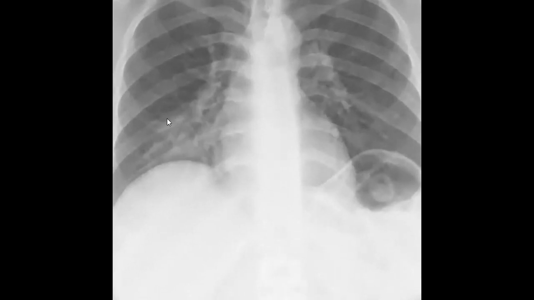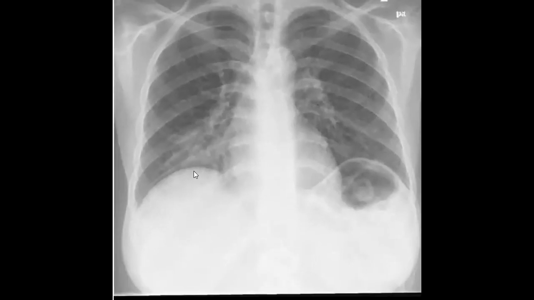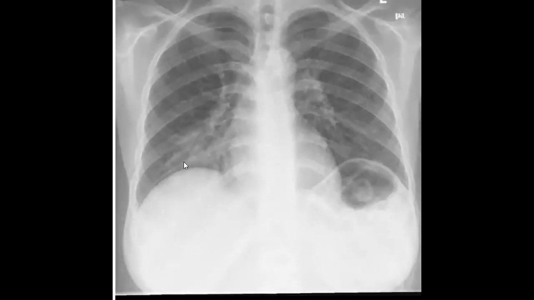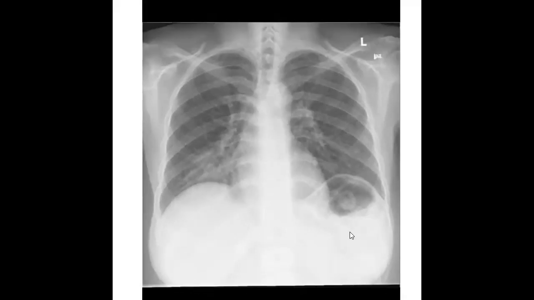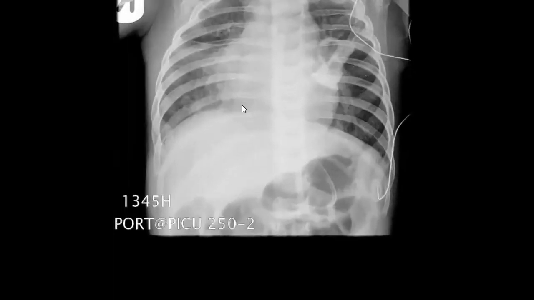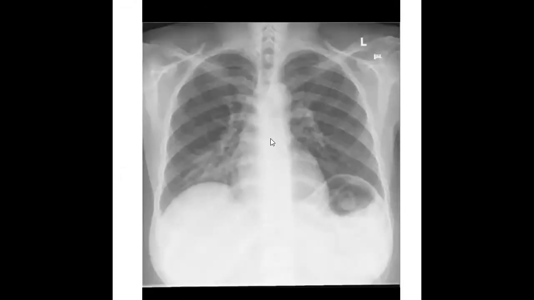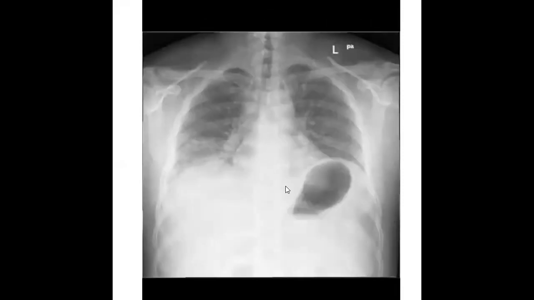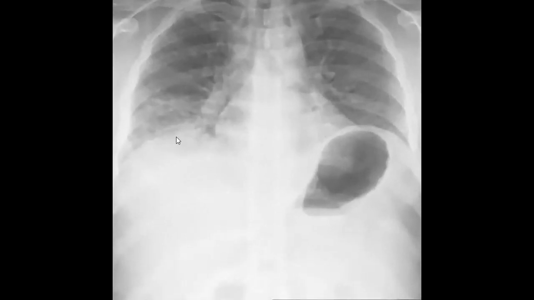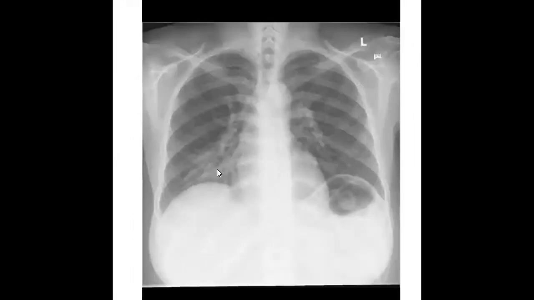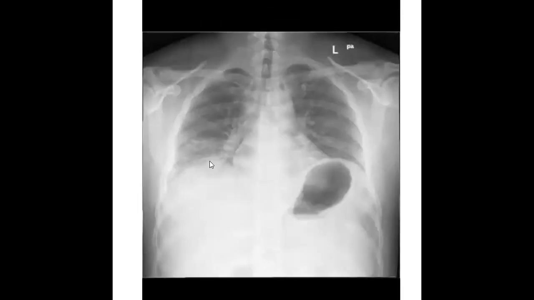Again, you should be used to seeing consolidation, especially when it is faint like this. So this one was consolidation in the right middle lobe, which is the space beside the heart, silhouetting the right cardiac border. And this one is consolidation in the lower lobe. And you can see sometimes it is faint like this one, but you should be used to detecting any type of consolidation like this.